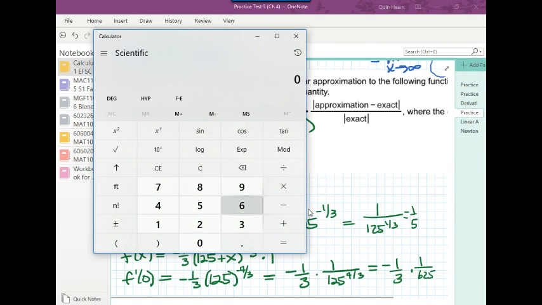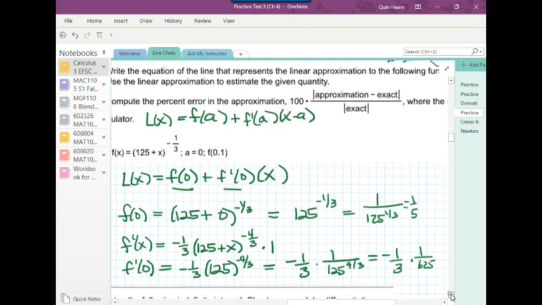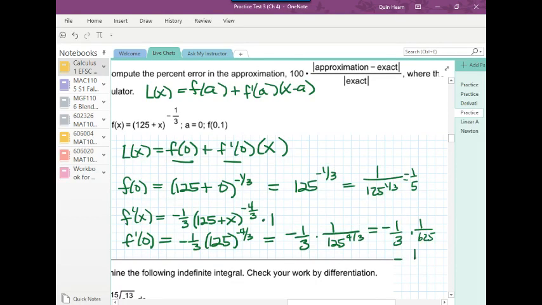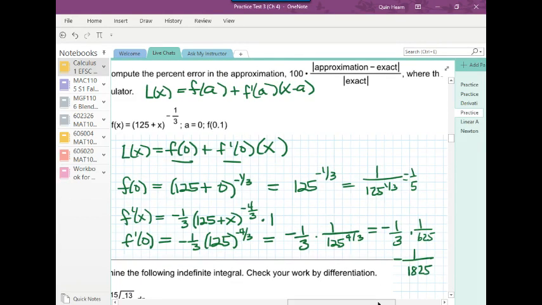So f prime of 0 is going to be negative 1/3 times 125 to the negative 4/3 times 1, but we don't need that. So that's going to be negative 1/3 times 1 over 125 to the 4/3.